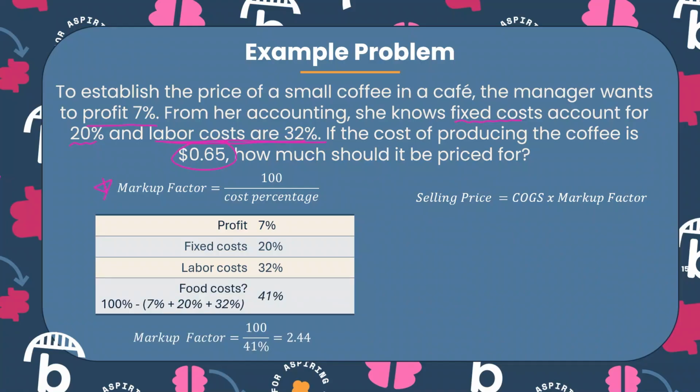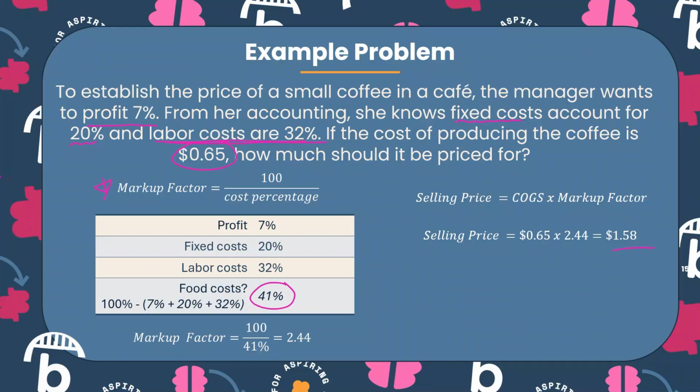This means the 65 cents is expected to represent 41% of the selling price. And so with that, we can solve. We'll take 100 and divide it by our food cost percentage to get a markup factor of 2.44. Next, we multiply our markup factor by the cost of goods sold, 65 cents, to determine our selling price of $1.58. So that's your answer.